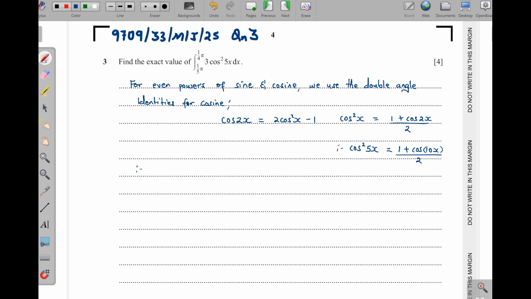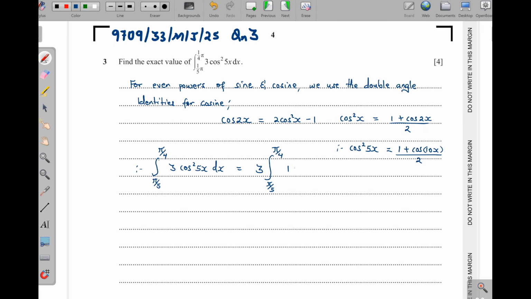So this therefore implies that when we are integrating from pi over 5 to pi over 4, 3 times cos squared 5x with respect to x, I will put the 3 out here, and then pi over 5, then we have pi over 4. Where there is this one here, I'm going to replace it with this.